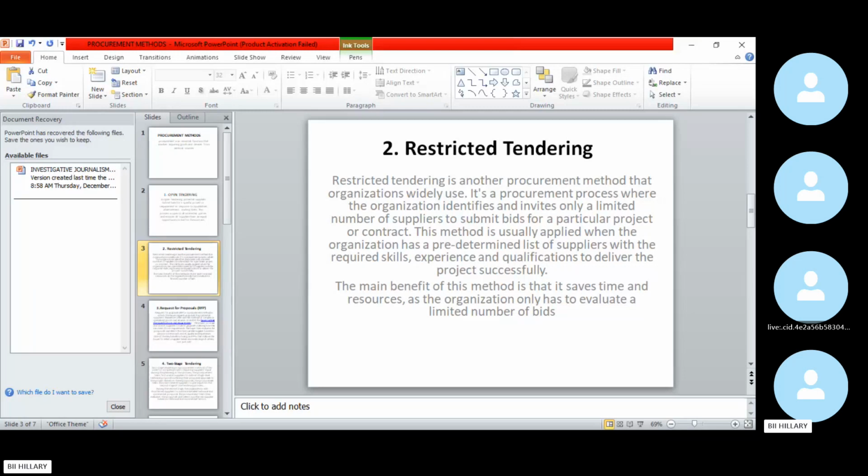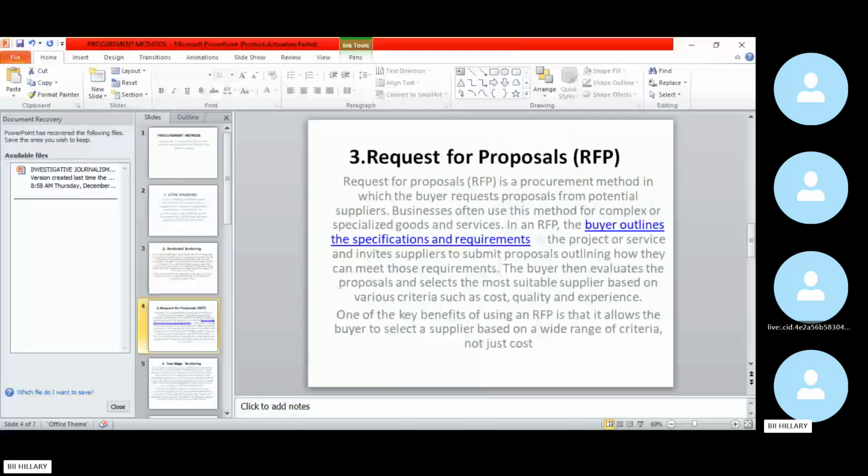The third one is a request for proposal. A request for proposal is a procurement method in which the buyer requests proposals from potential suppliers. Businesses often use this method for complex or specialized goods and service.